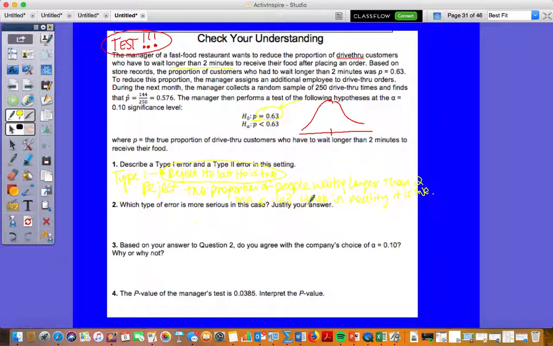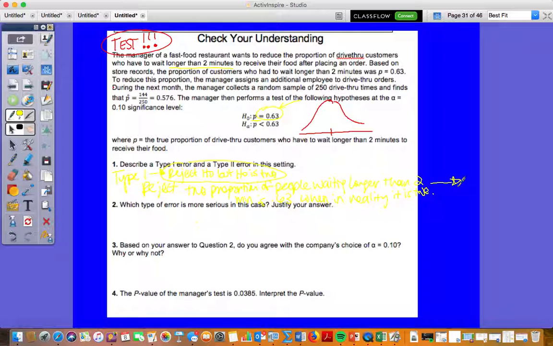Type 1, check that. Type 2 is the opposite. And this one, the consequences, I think it's less than 0.63, but in reality it's not, right? So because of that, I make no changes. For Type 1 error, we already rejected the null, so we add another employee, so we waste money.